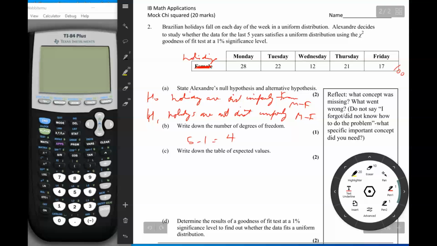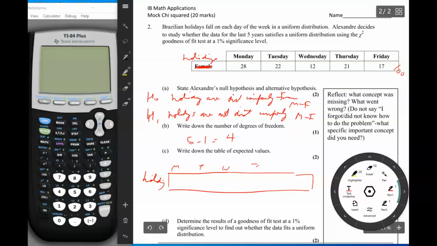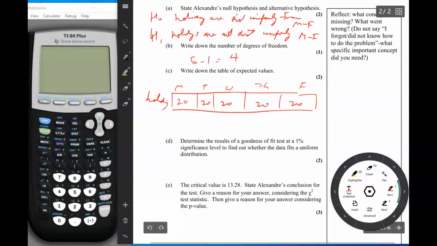So if I was going to make a uniform distribution of 100 holidays between the days of the week, Monday through Friday, it would be 20 in each day of the week, right? So I would make a table where I would have holidays, and I would have Monday, Tuesday, Wednesday, Thursday, Friday. Each one of these boxes would have 20 in it because uniformly distributed. So that is my expected value table.